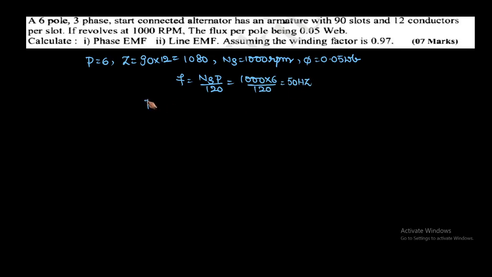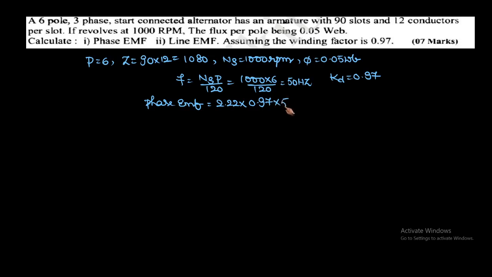Let us calculate the phase EMF. Phase EMF is equal to 2.22 into the winding factor, which is given as Kd equals 0.97, into Kp, which we are taking as 1. If it is not given, you consider it as full pitch winding.